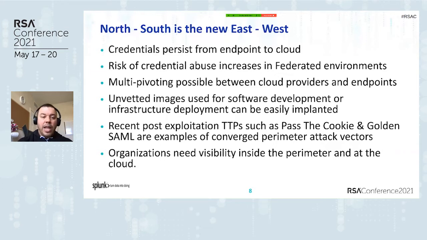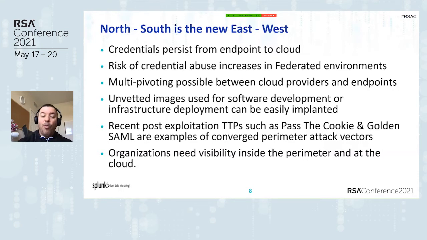now it is technically possible to do what we used to call lateral movement, but instead of east-west, it could be done north-south. Why? Because credentials persist from endpoint to cloud. There is a risk of credential abuse that is increased in federated environments. And this allows pivoting, because now I can pivot between endpoints and cloud providers.